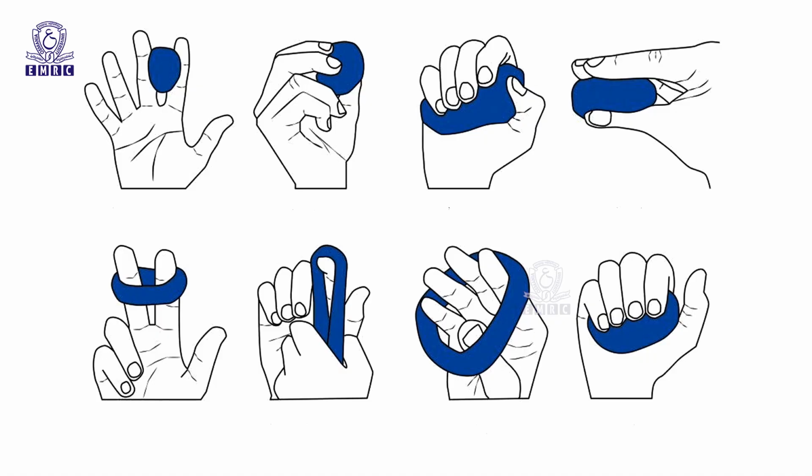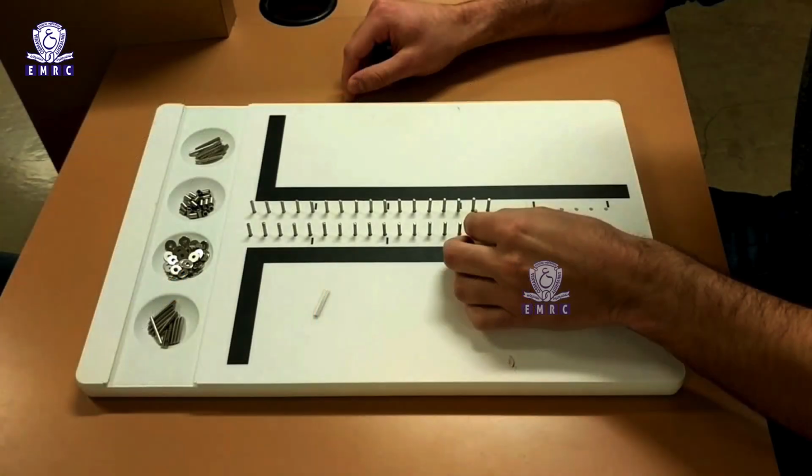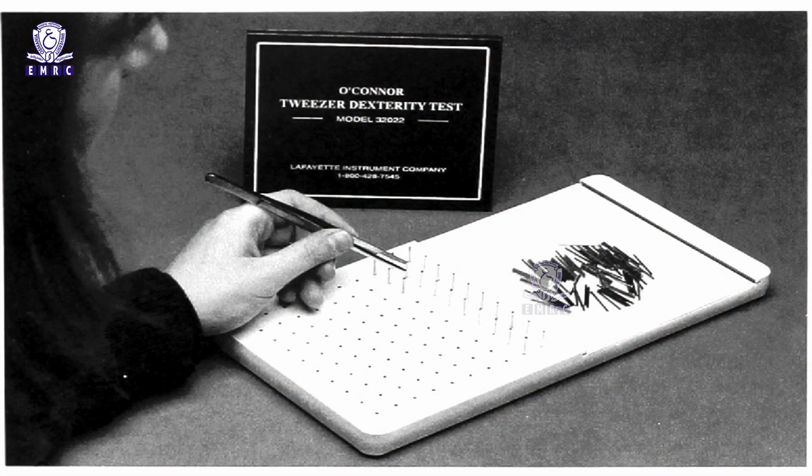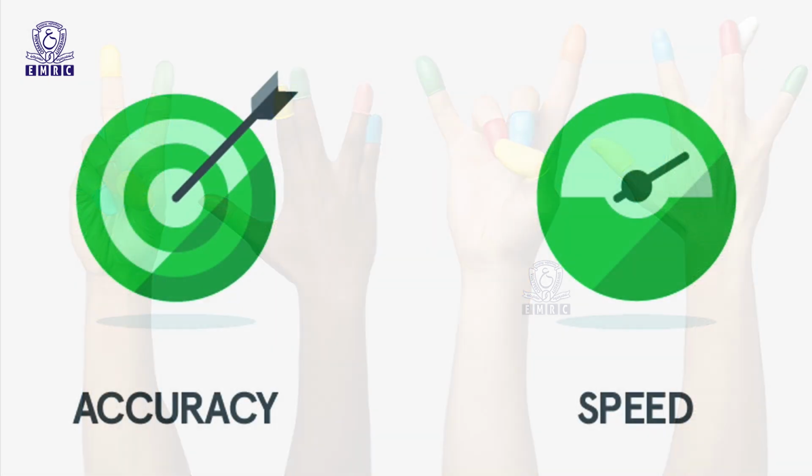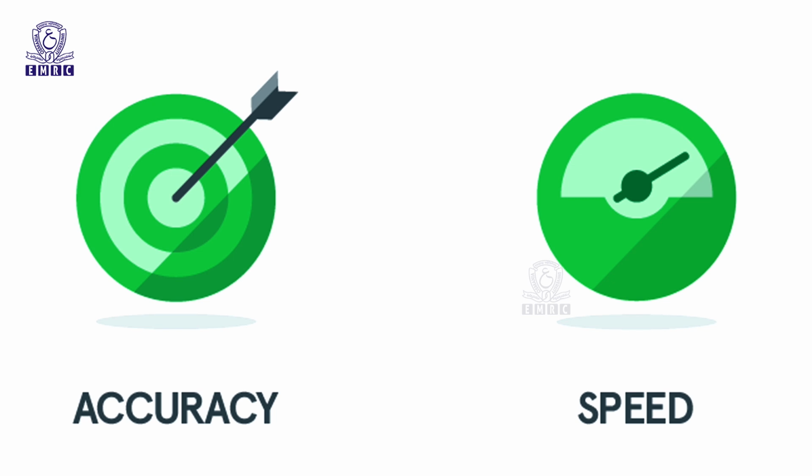There are several ways to assess dexterity and coordination. The O'Connor finger dexterity test evaluates fine motor skills by requiring the extensive use of fingertips to place pins into a pegboard. It is timed, so speed and accuracy are considered in the test scoring.